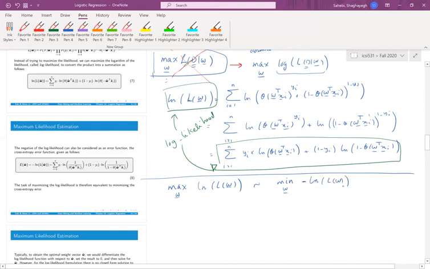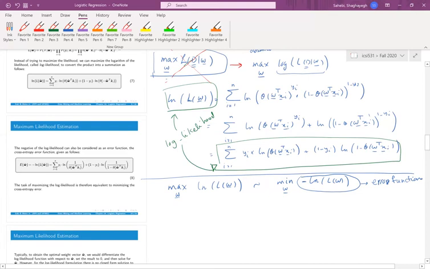So maximizing log likelihood is equivalent to minimizing the negative of log likelihood. The negative of log likelihood can work as an error function for us, similar to an error function that we can minimize.